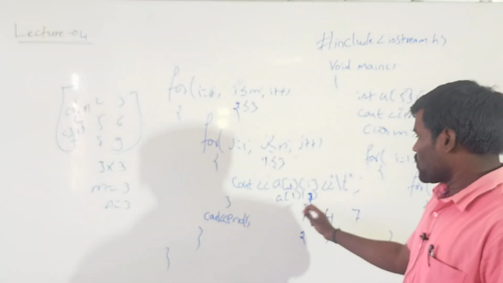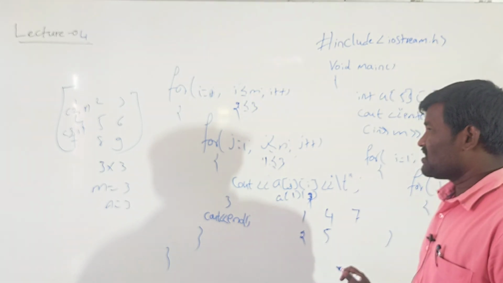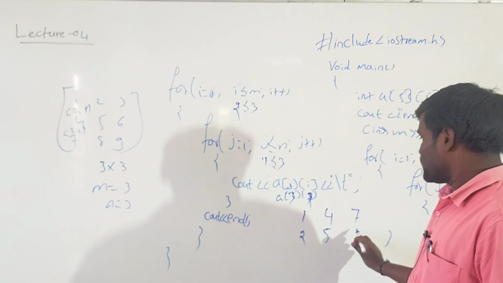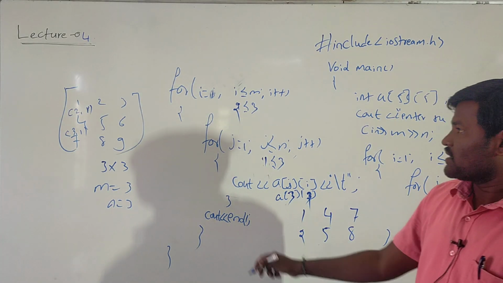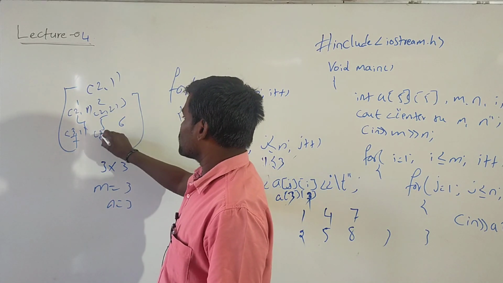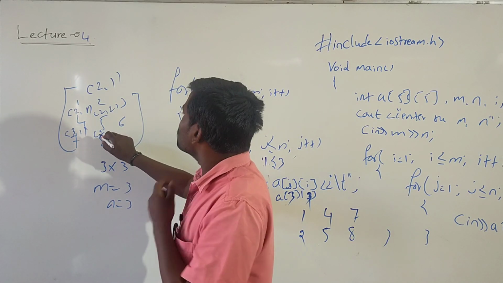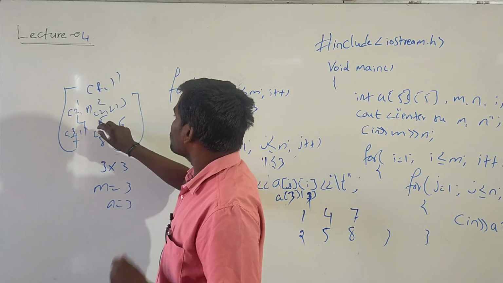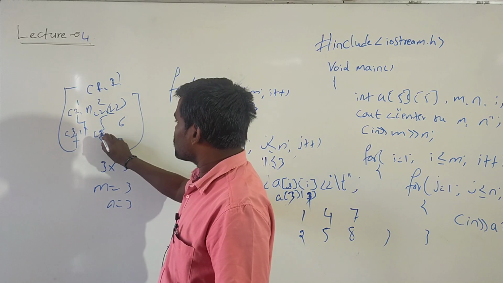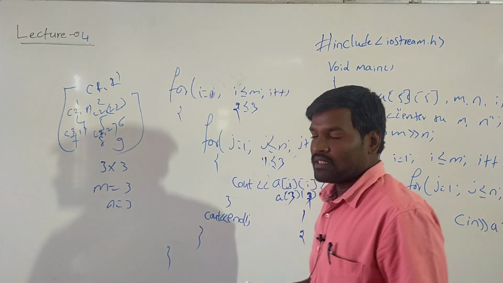Next, 3 comma 2 is 8. See here. This is 2 comma 1, this is 2 comma 2, this is 1 comma 2, this is 2 comma 2, this is 3 comma 1. Okay.